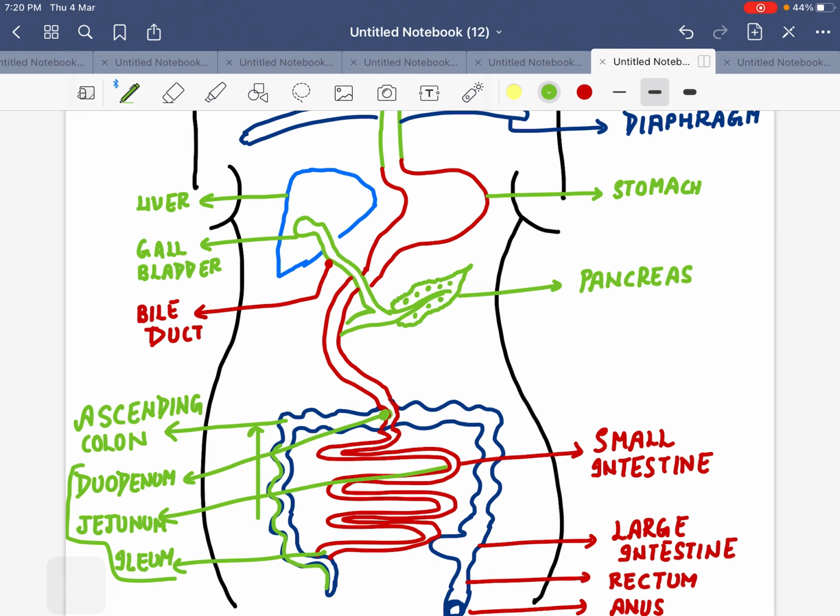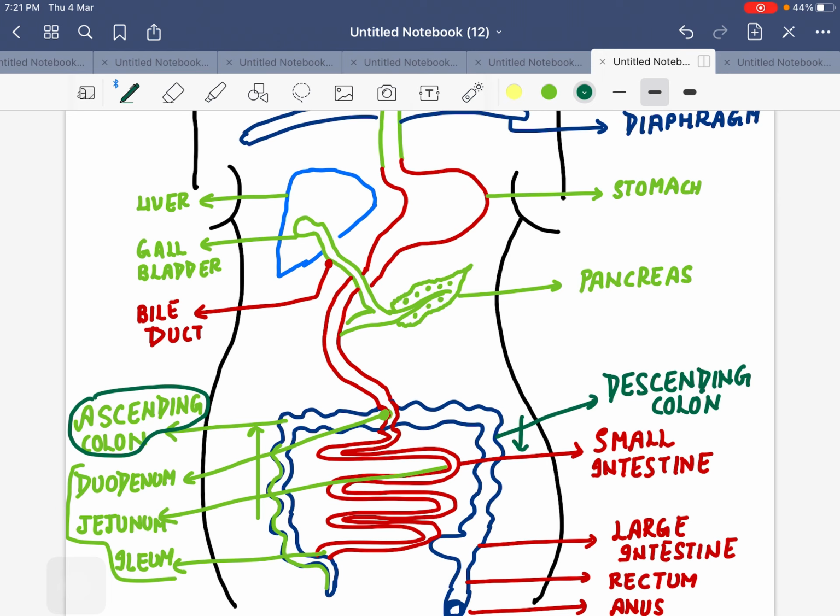Now for the ascending colon, I'm changing the color for the large intestine so that you should not get confused. This is ascending colon. Done. Now this portion is coming down to the anus, so this portion is descending colon.